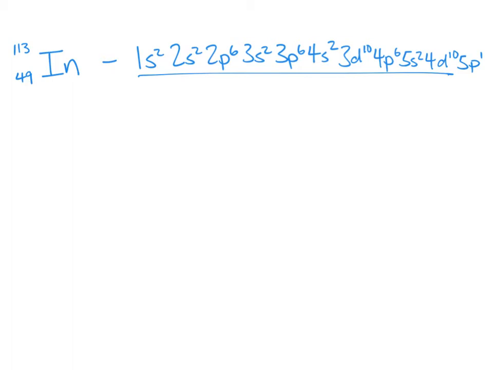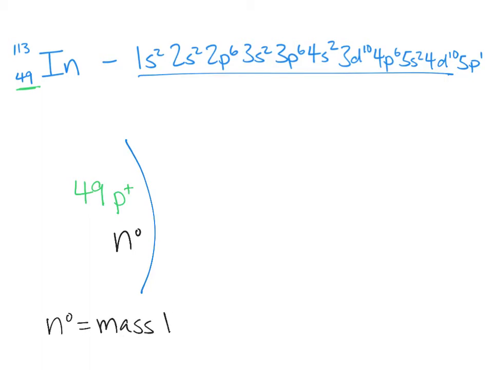We're going to start with the nucleus. So this is going to be my nucleus. And in the nucleus, I'm going to have some number of protons. The number of protons comes from your atomic number, which for indium is 49. We have 49 protons. And then we got to find neutrons also to go in the middle. So neutrons equals mass number minus protons.